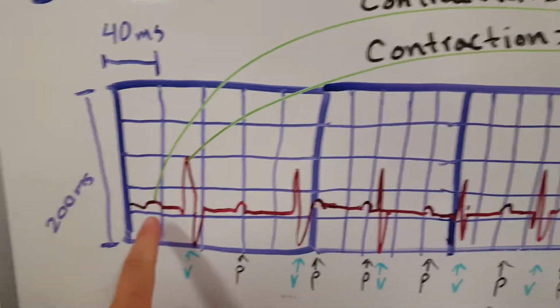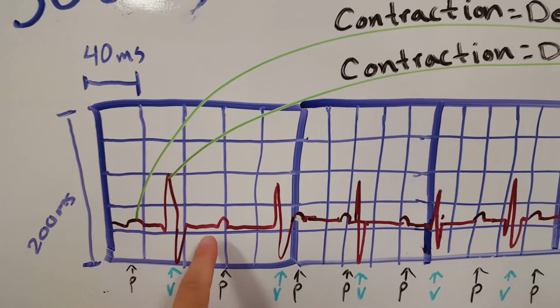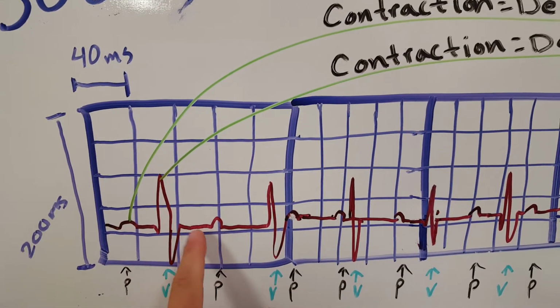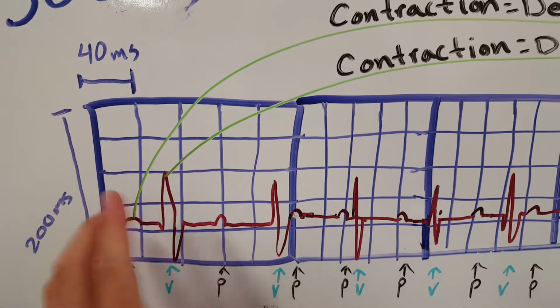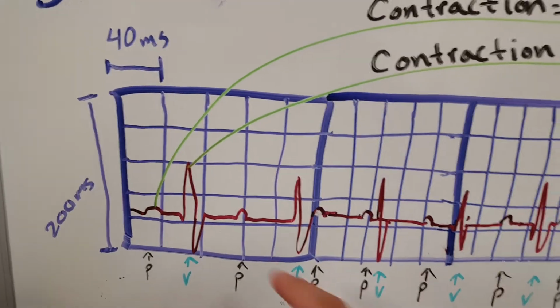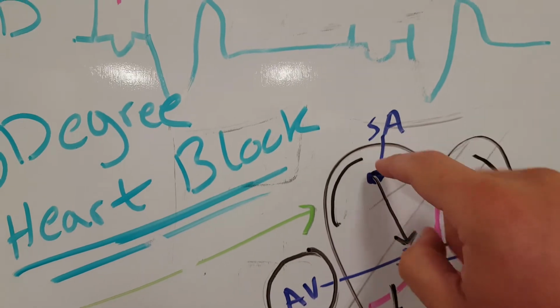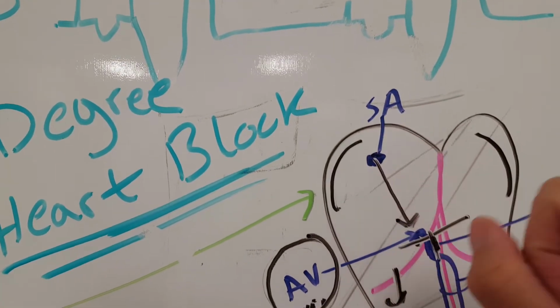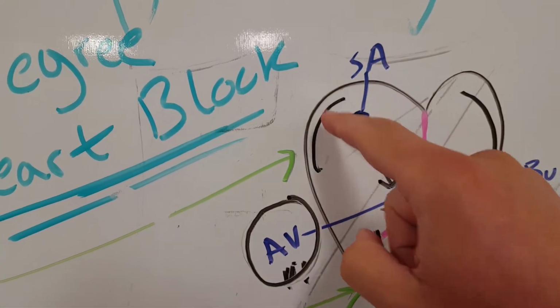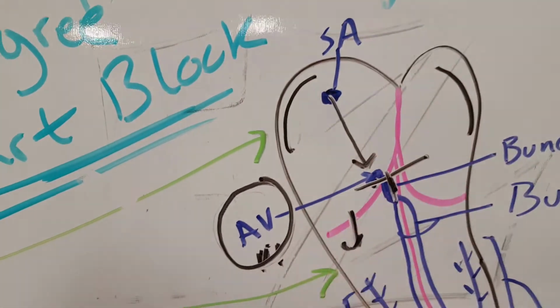Now looking at the EKG here, this is called a PQRS, and I left off the T wave. Usually there's a T wave here, but I'm not even going to talk about that. So the P wave, which is usually always in front of the QRS, that represents your atriums. So every time the SA node sends its impulse, electricity, that will cause your atriums to contract, to squeeze blood down to your ventricles.